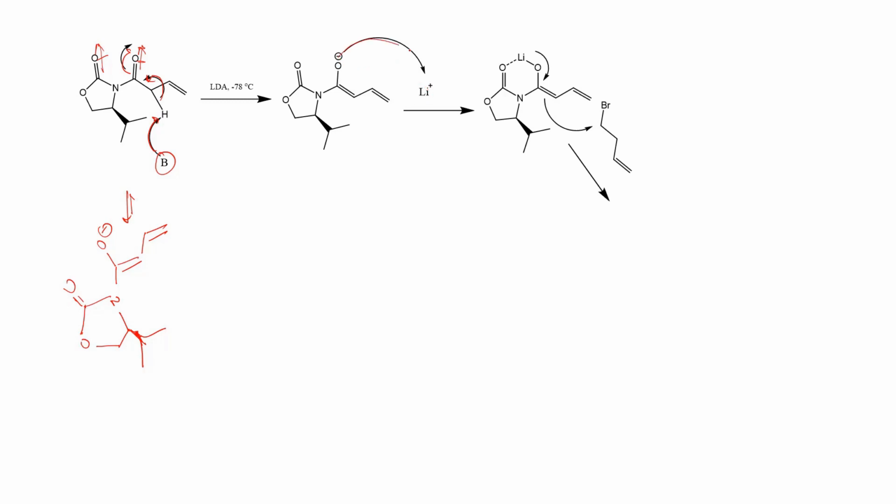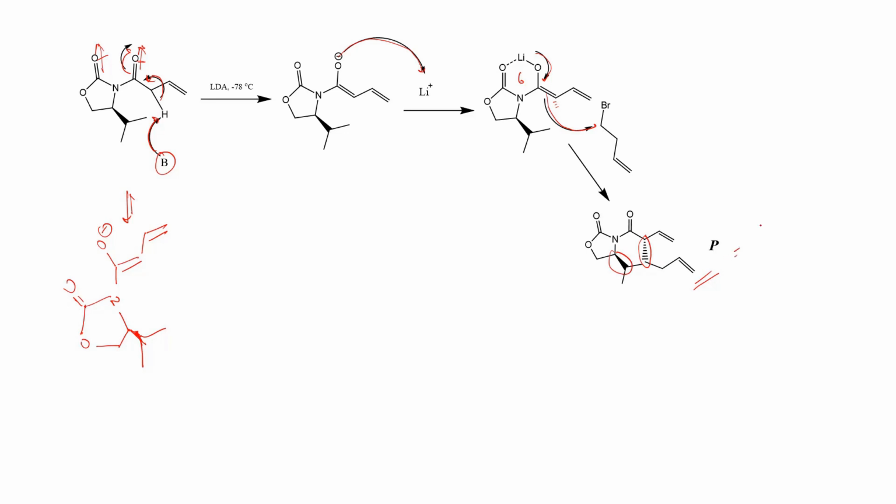So O minus will coordinate with the lithium, and this oxygen will form a weak bond with this lithium, forming a six-membered ring, which is stable. The above position is blocked by this isopropyl group, so the alkyl group will attack from below. This product forms where this group is below and this group is above the ring.